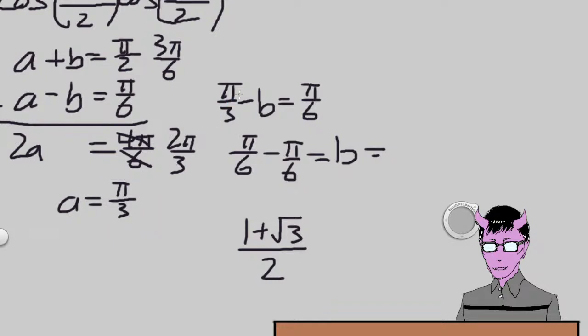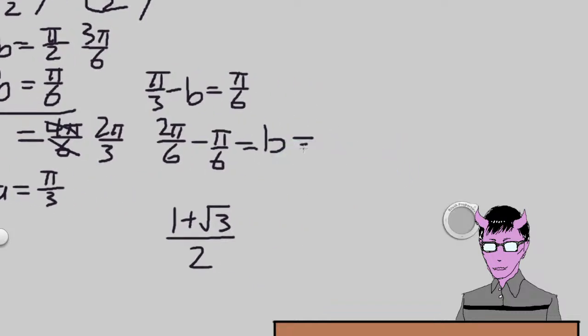This is pi over 3, and then the equivalent of this one, top and bottom, times 2, times 2. So I put a 3 here when I'm supposed to put a 2 right there. And then we're subtracting this one from both sides, and we add the b to both sides. Alright, now it makes sense. So 2 pi over 6 minus pi over 6 is equal to b, which is equal to pi over 6.